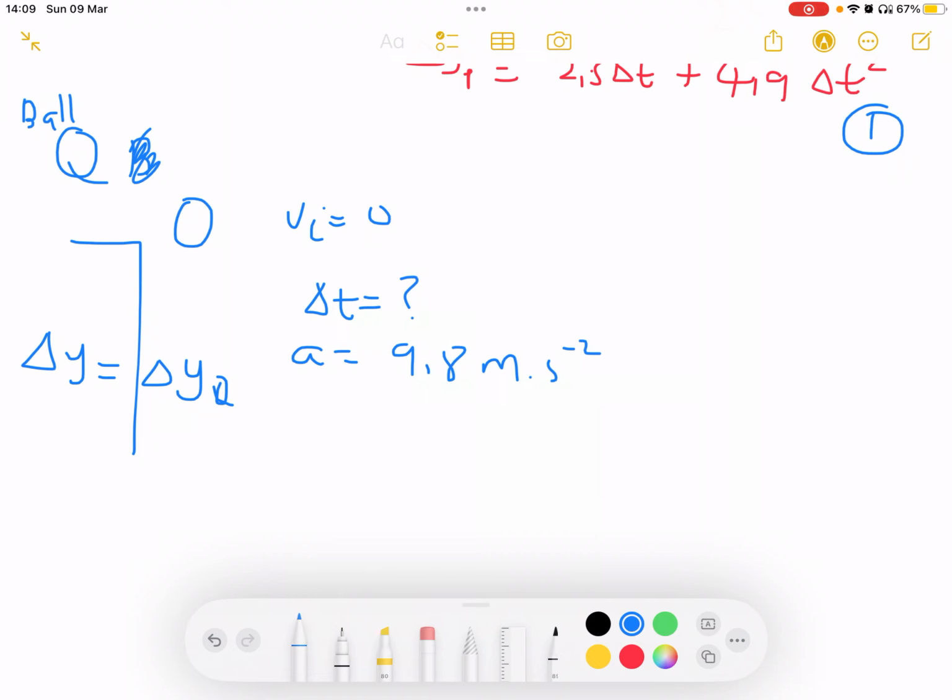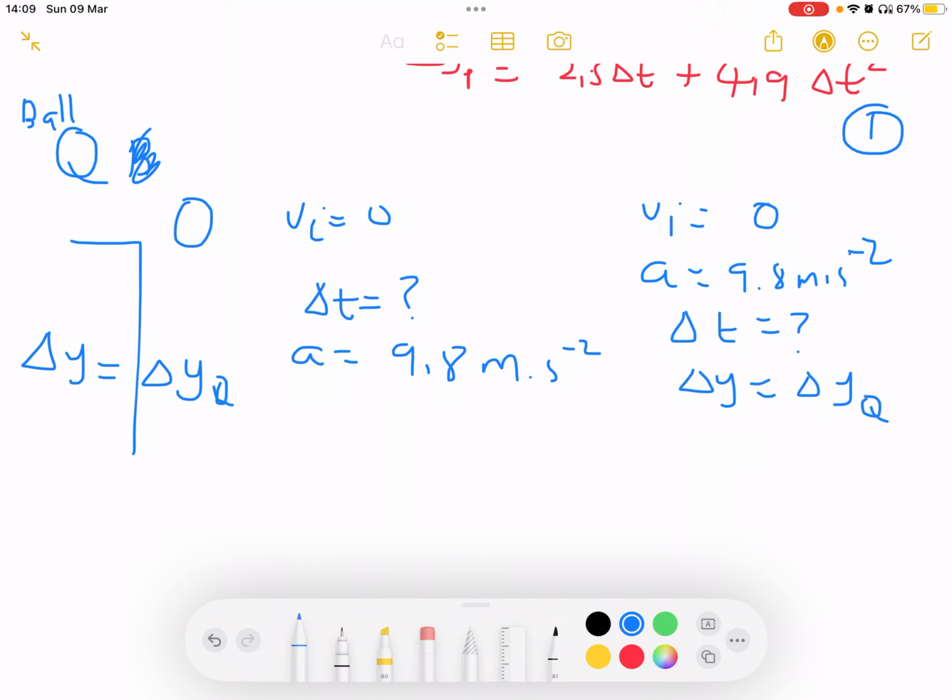And if we were to list our variables or information, v initial is 0. We have acceleration, which is 9.8 meters per second squared. We also have delta t, which we're looking for, and delta y, which we gave as delta y of Q. We're going to use the same formula.